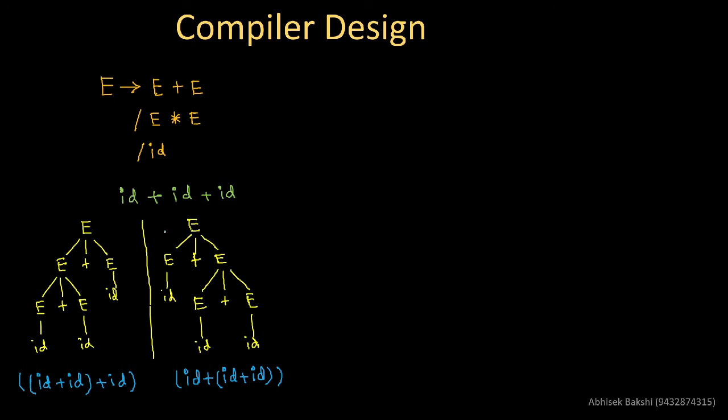On another side, if we involve plus and star both in the formulation, for example, if the formulation is something like id plus id star id, there also you will see that obviously we have two different approaches.